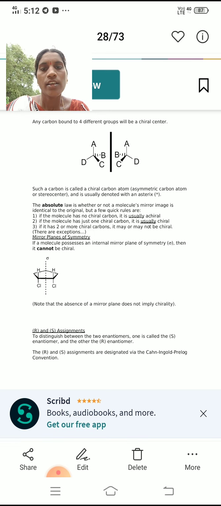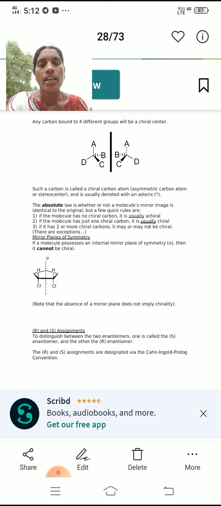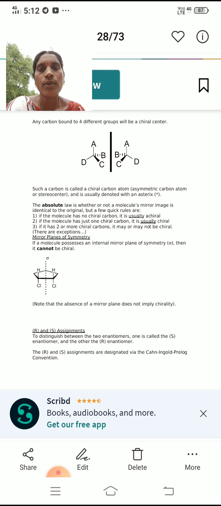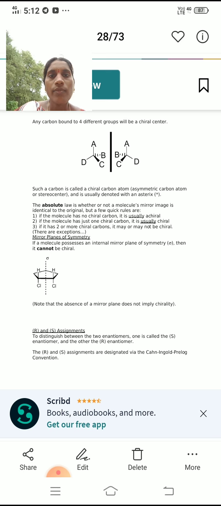R and S. R refers to rectus, that means it is clockwise or right side direction. S means sinister, so it refers to anti-clockwise or left side rotation. These are the Latin words.